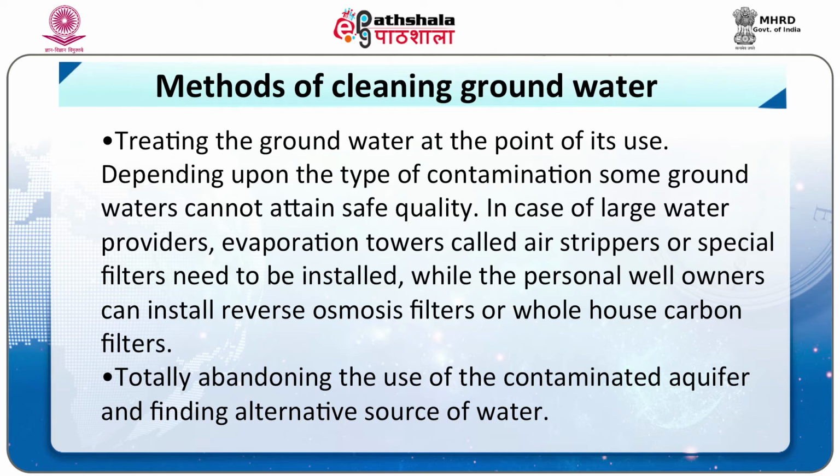In the case of large water providers, evaporation towers called air strippers and special filters need to be installed. Personal well owners can install reverse osmosis filters or whole house carbon filters, or totally abandon the use of contaminated aquifers and find an alternate source of water.